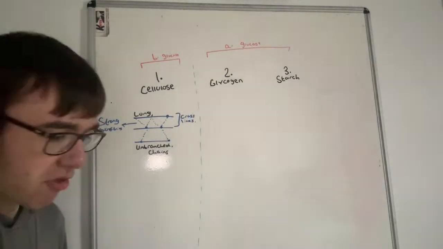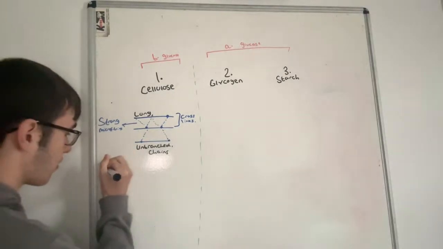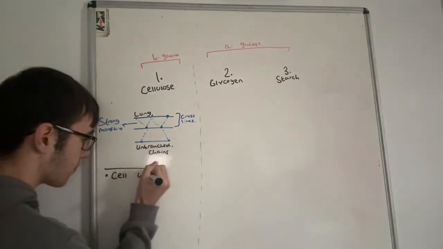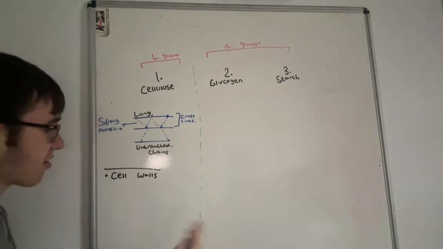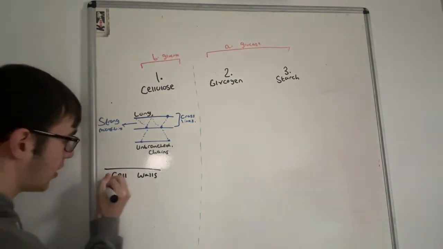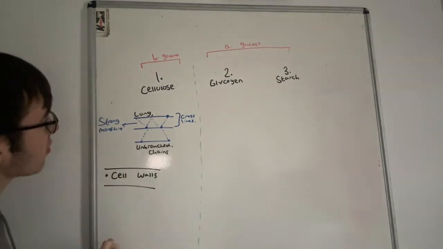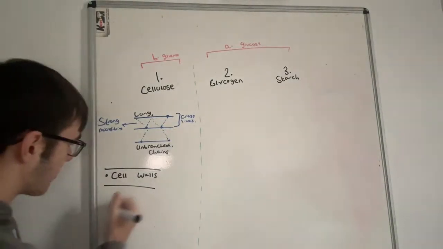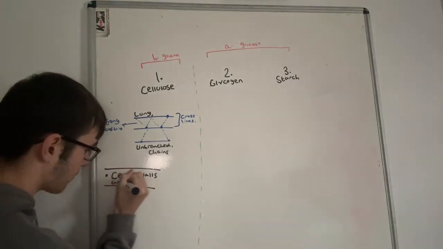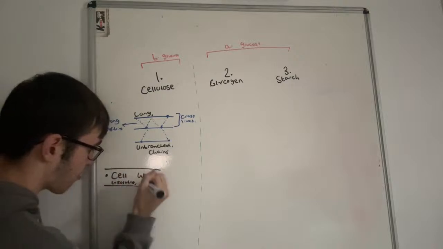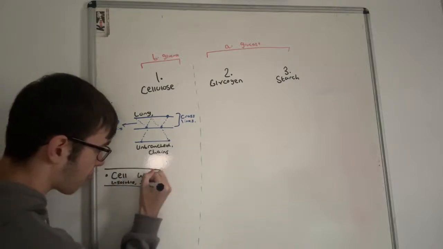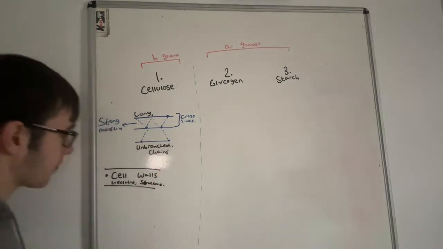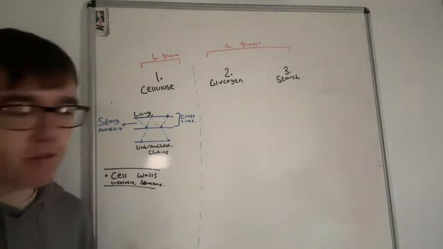Now, the purpose of cellulose is in cell walls. It is technically a storage molecule. I'm going to assume it's insoluble. It's insoluble and provides structural support.